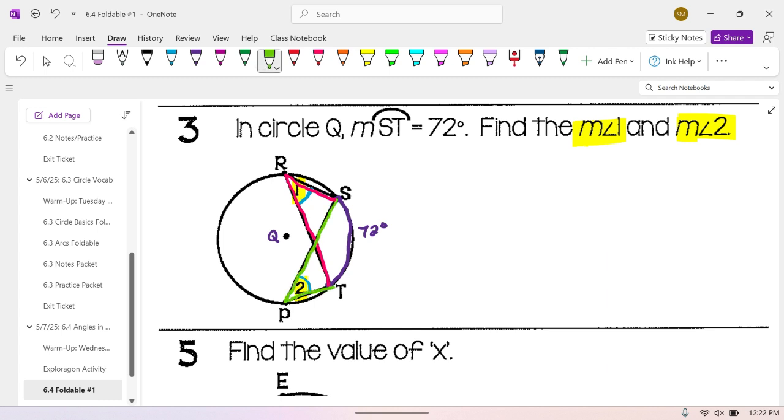If you look, it also forms arc ST. So if their arc measure is 72 degrees, what's the connection between the two angles?